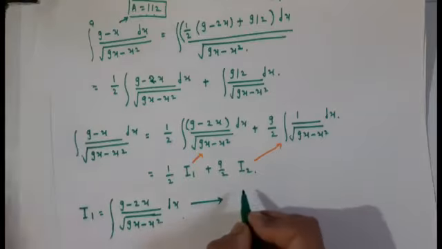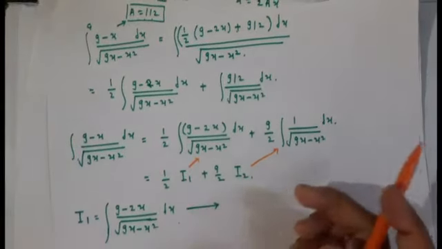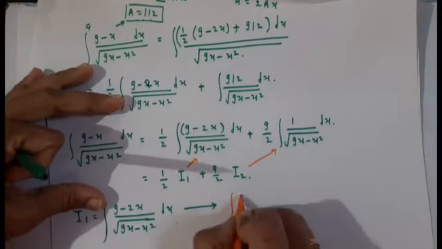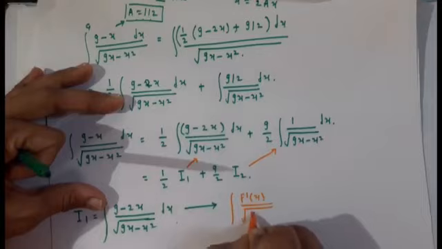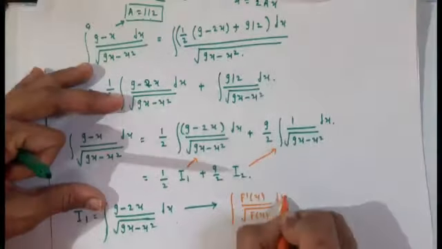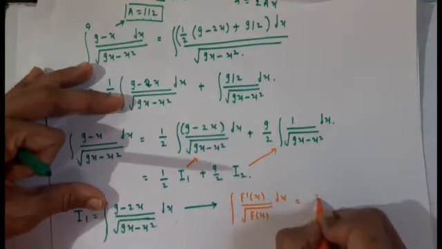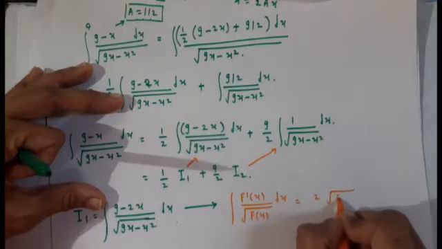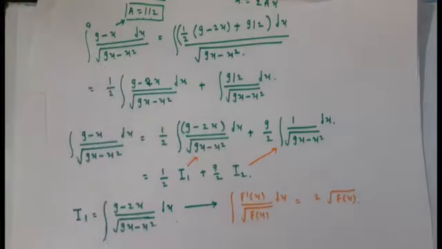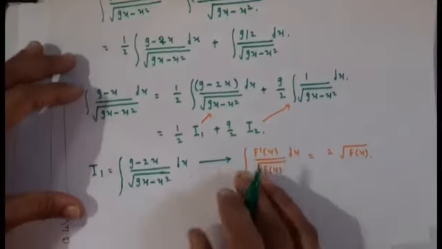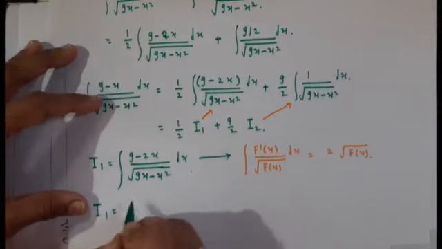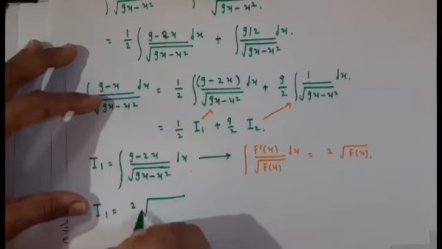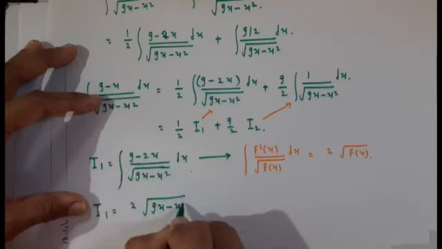Students, this is of the form integration of f dash of x upon square root of f of x with respect to x, and that's why its integration is 2 root f of x, and therefore the integration I1 equals 2 root of 9x minus x square.